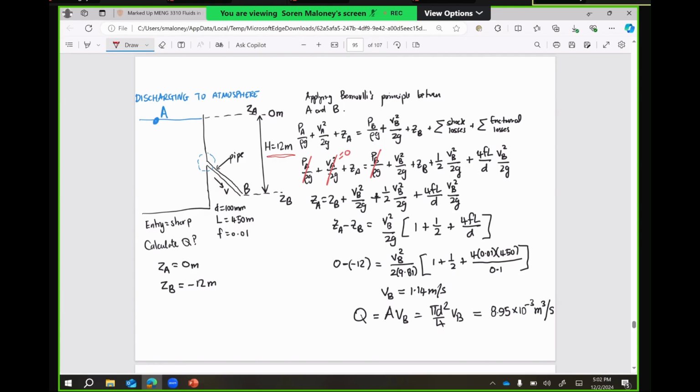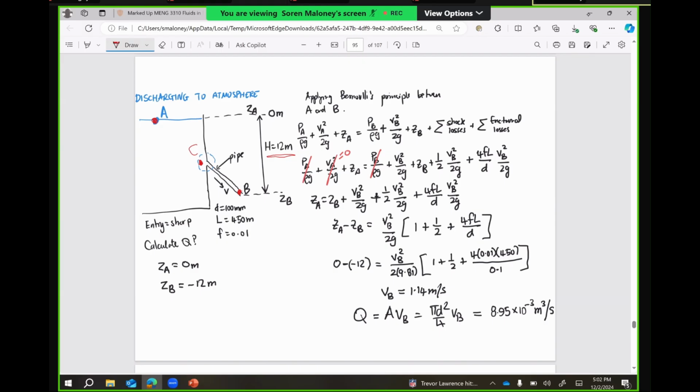Here I'm looking at these 2 points, A and B. But I can also look at here and here as well, if that's what I wanted to do. You can apply it between any 2 points.